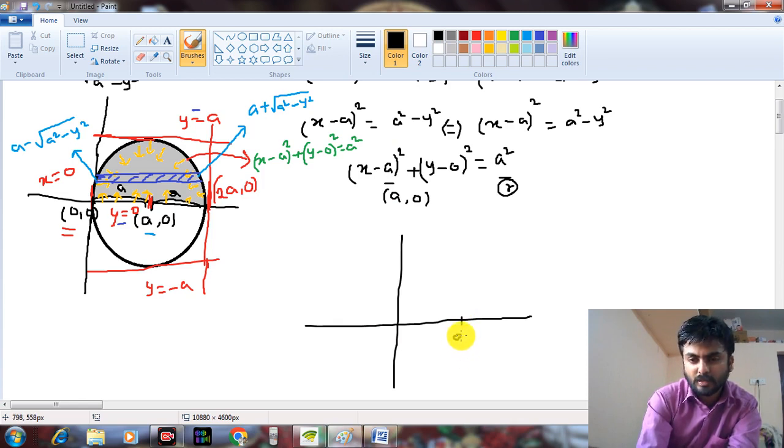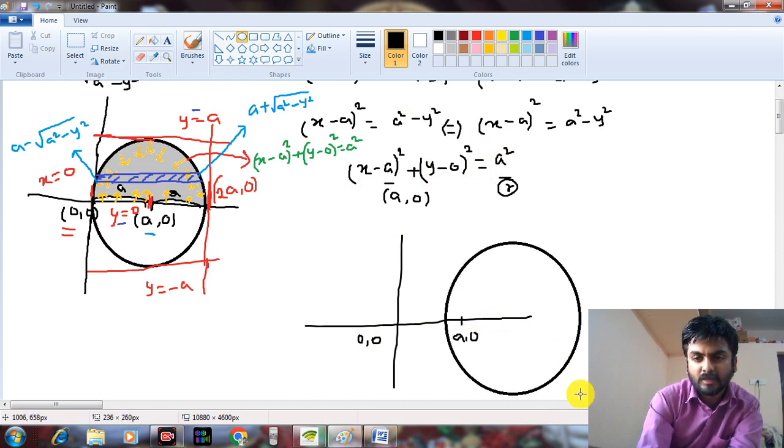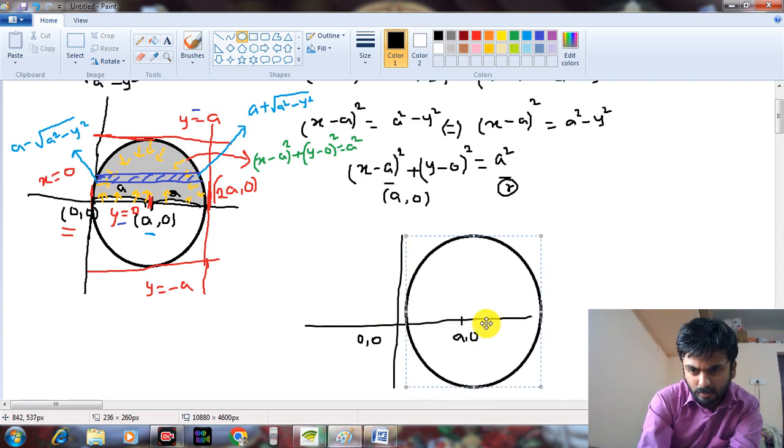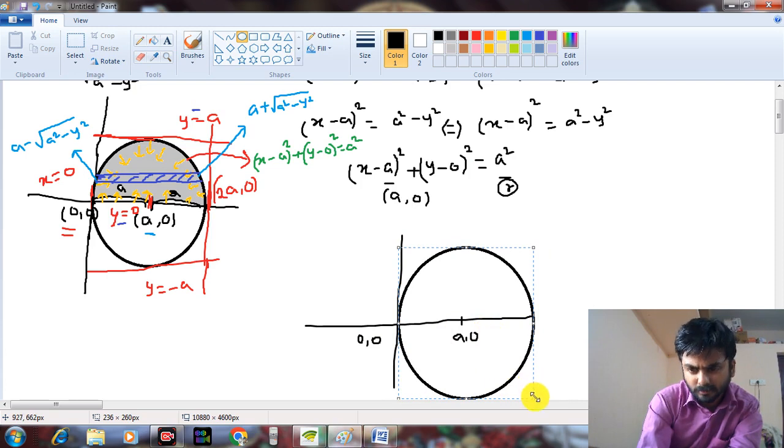So here the point is a comma 0, the point here is 0 comma 0, and we want to draw the circle with center a and radius a.